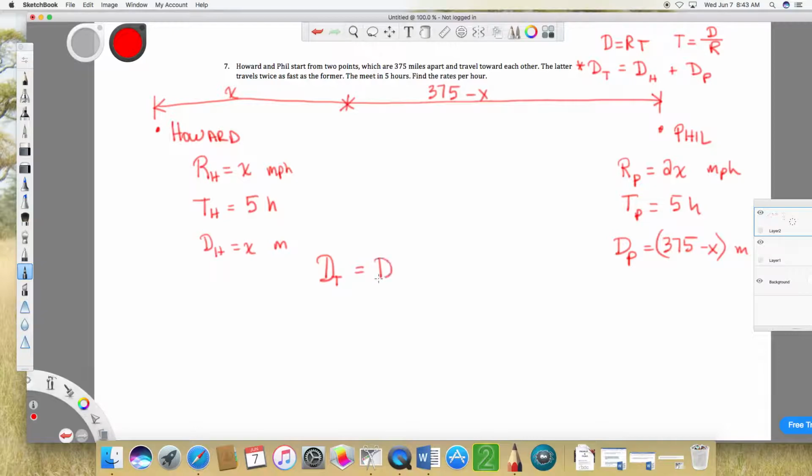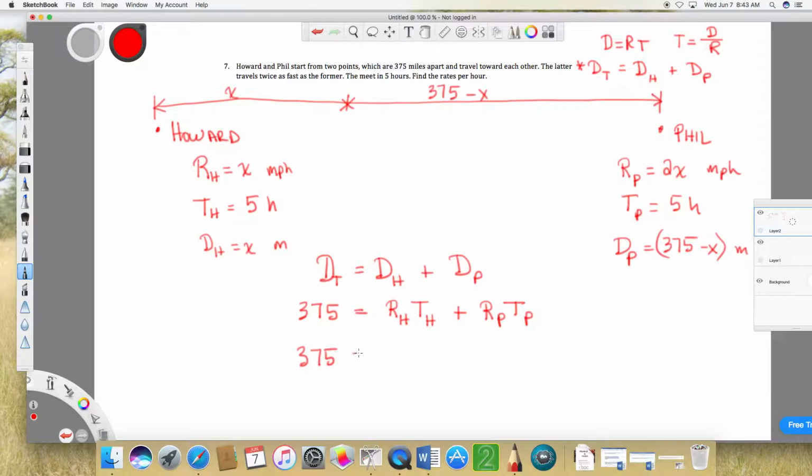So yeah, this is how I believe we should approach this: the total distance can be split up into the distance that Howard traveled plus the distance that Phil traveled, because it gives us the total distance between the two as being 375. Now, distance is rate times time. So the distance that Howard traveled is the rate that Howard is traveling times the length of time that Howard traveled. And the distance that Phil traveled is the rate that Phil is traveling at times the length of time that Phil has traveled.